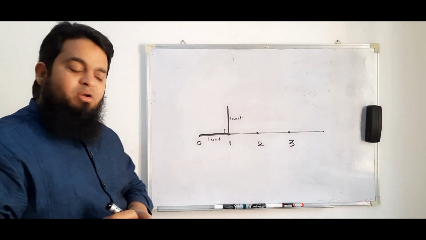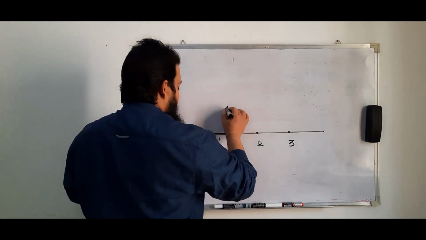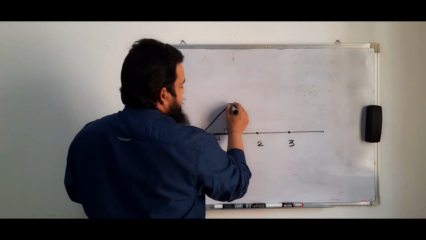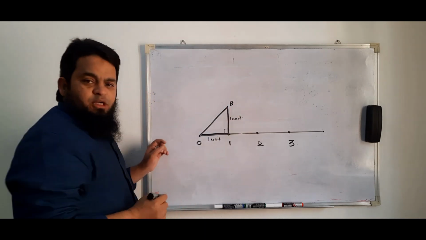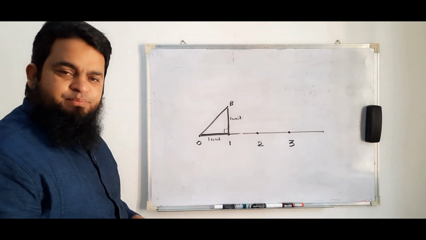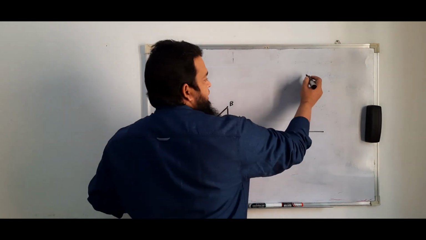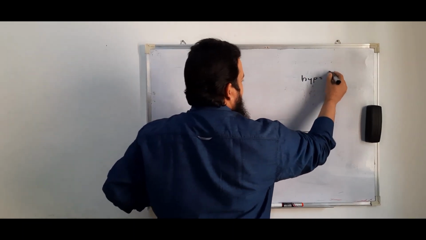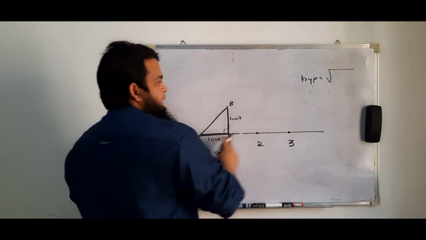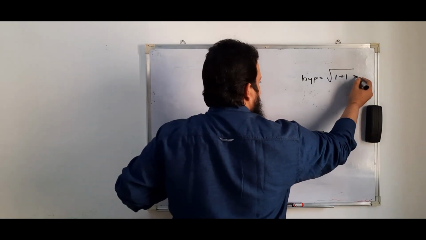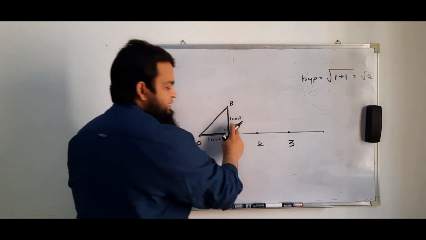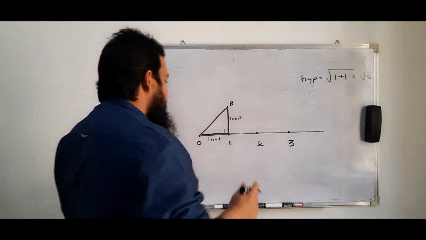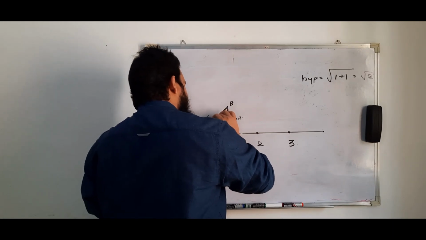So using a right angle triangle, if I join these 2 points, for example, let it be B. Okay, join these 2 points. What is the length of this? So using Pythagoras theorem, hypotenuse equals square root of base square plus altitude square. So 1 square plus 1 square equals root 2. So you got this as root 2.